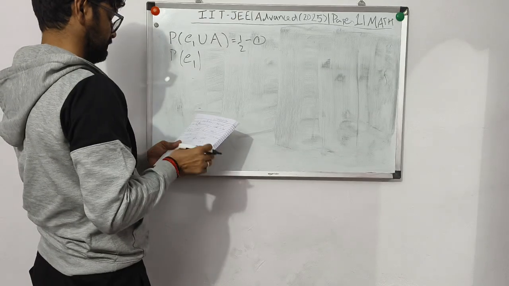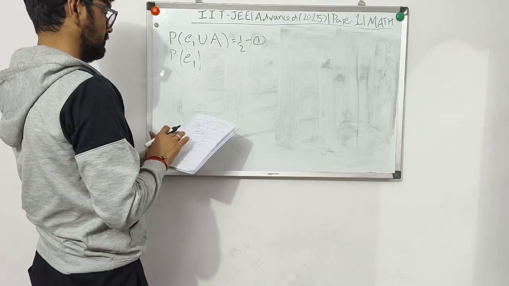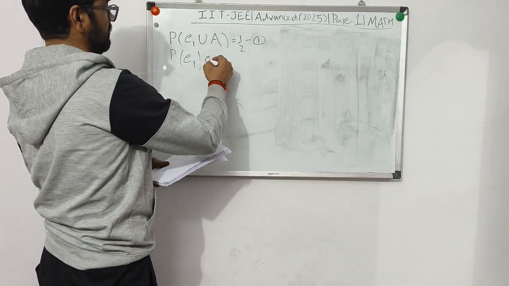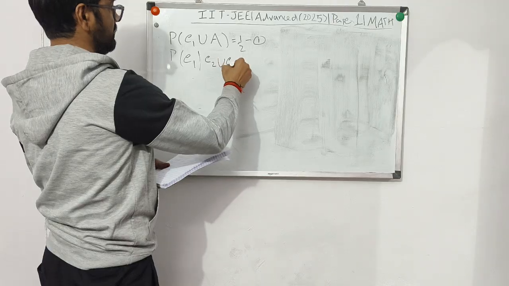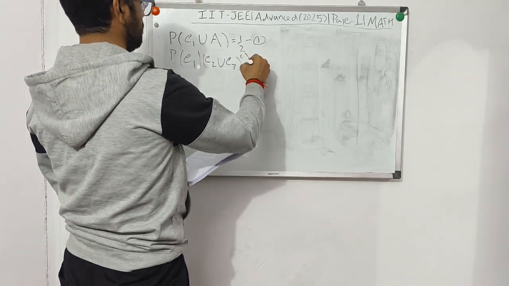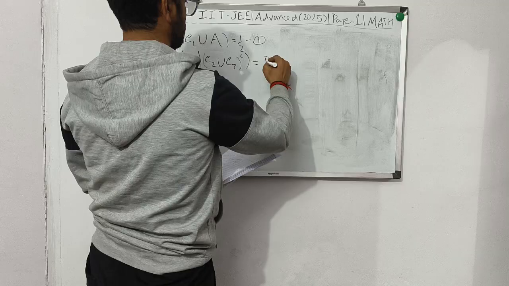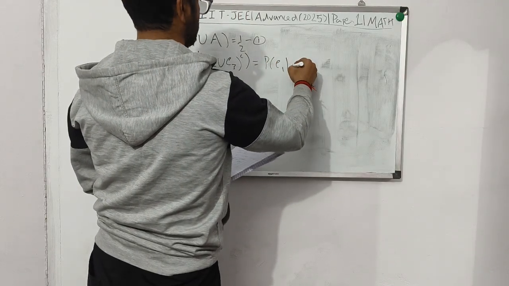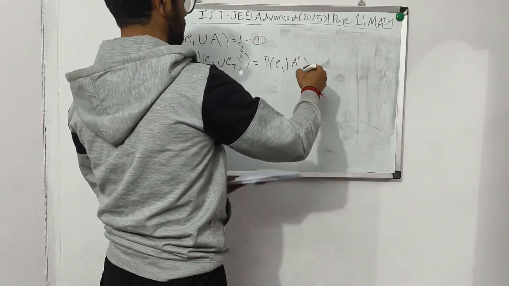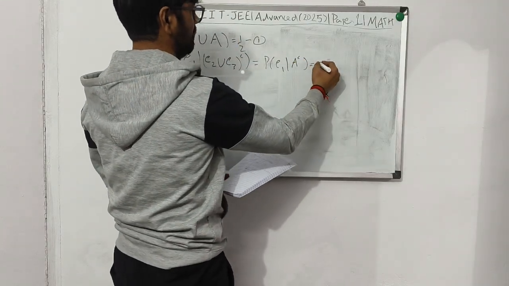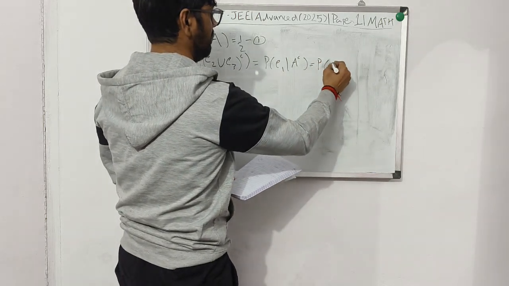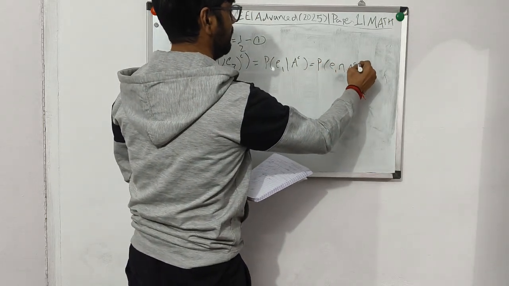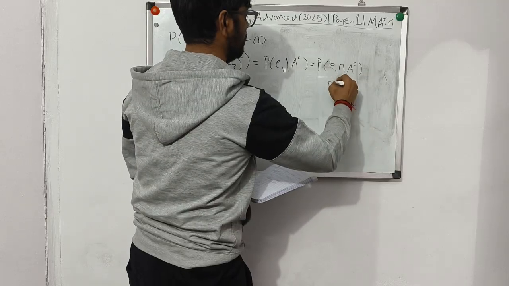P(E1 given (E2 union E3) complement) equals P(E1 given A complement), which equals P(E1 intersect A complement) upon P(A complement).